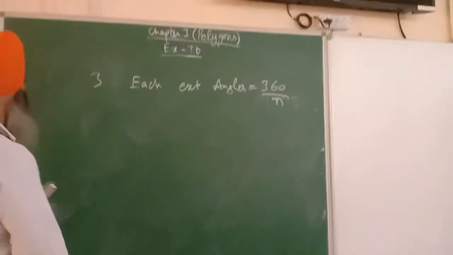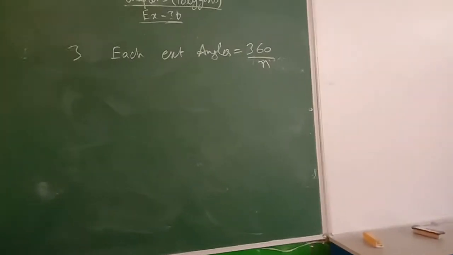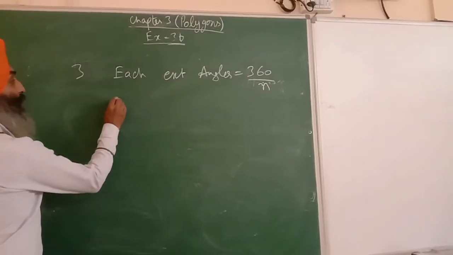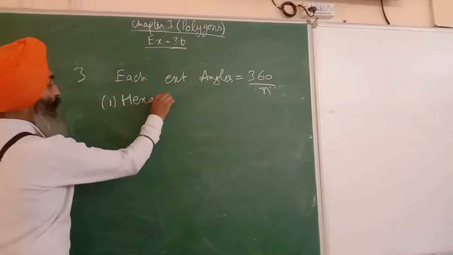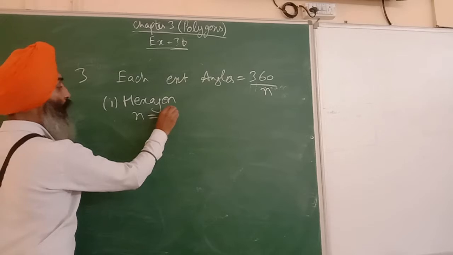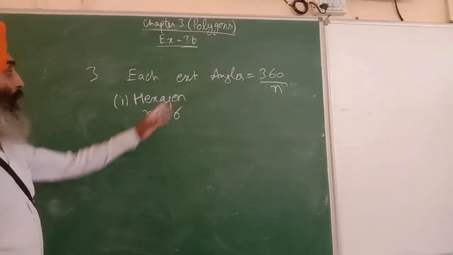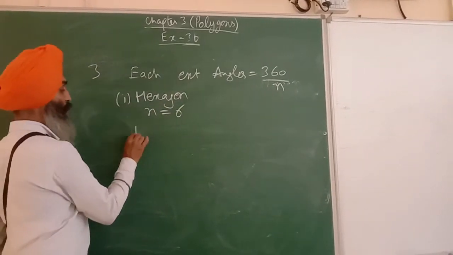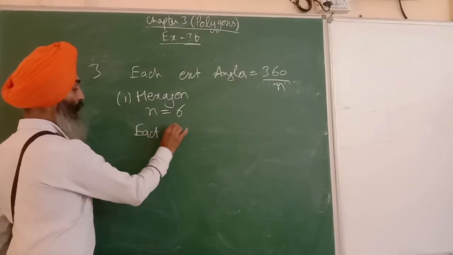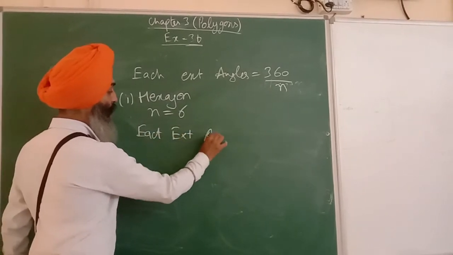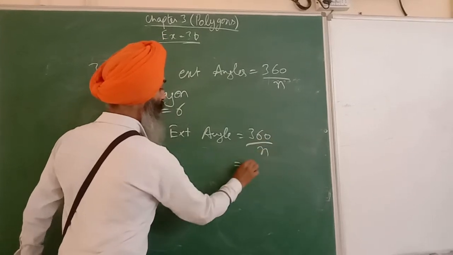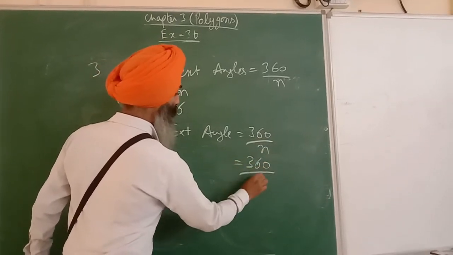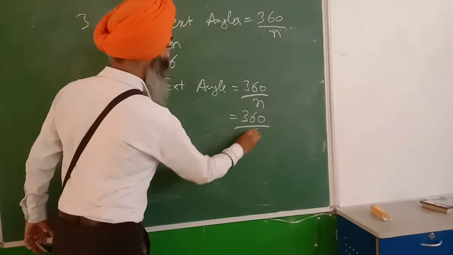In this question, we have to find each exterior angle of a hexagon. Hexagon means n is equal to 6. So apply the same formula: each exterior angle is equal to, first of all write down the formula, then put the value of n, that is 6.